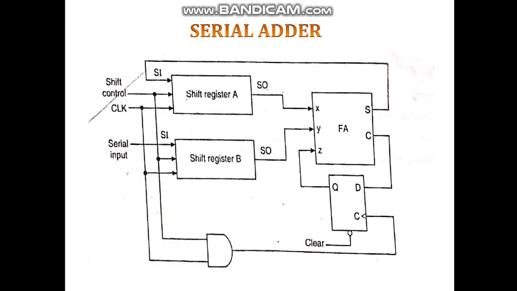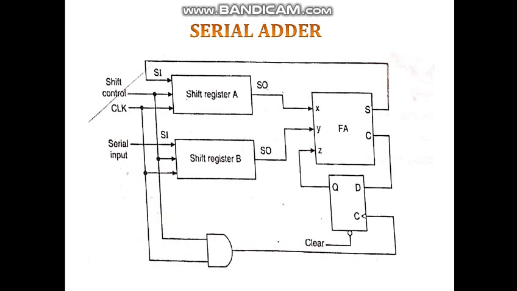We'll try to discuss the operation of each and every part one by one. First, two shift registers are used: shift register A and shift register B. For your information, there are different types of shift registers, but here we use the SISO.